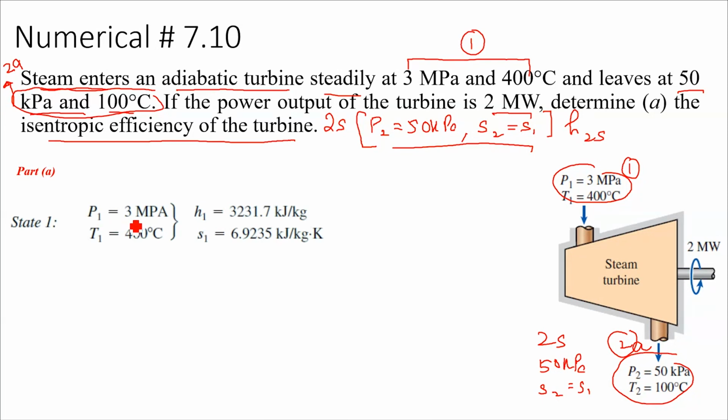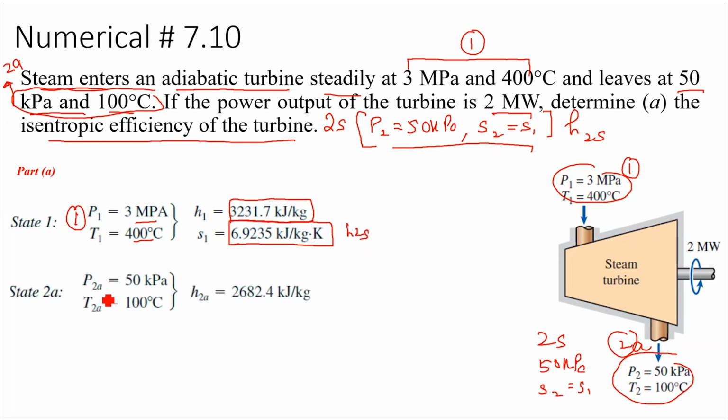For the initial state, state 1, at 3 megapascal and 400 degrees centigrade, you have found the enthalpy, as you need it in the formula for the isentropic efficiency of the turbine.